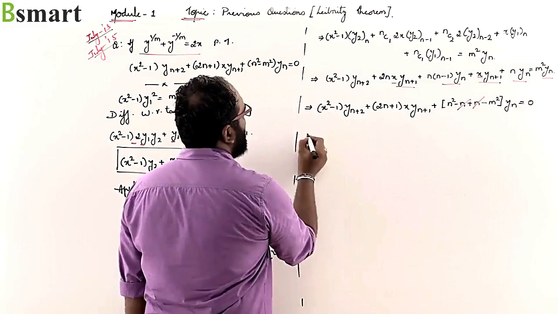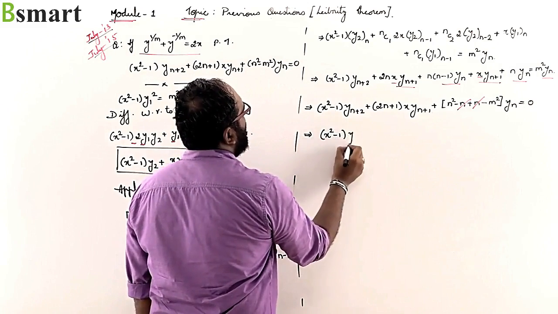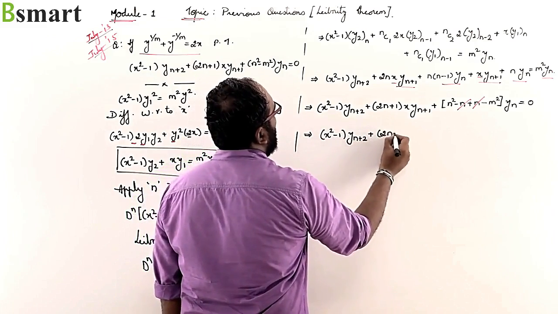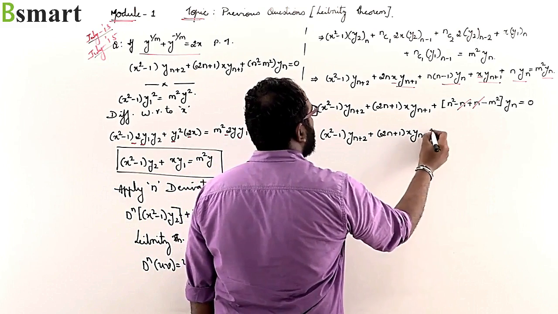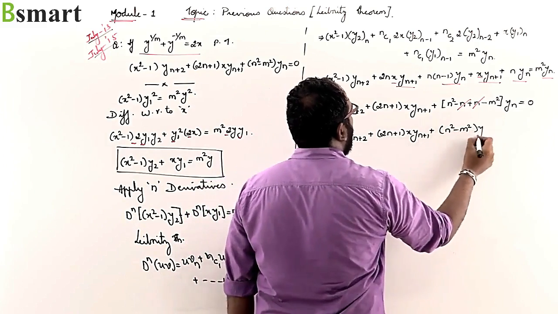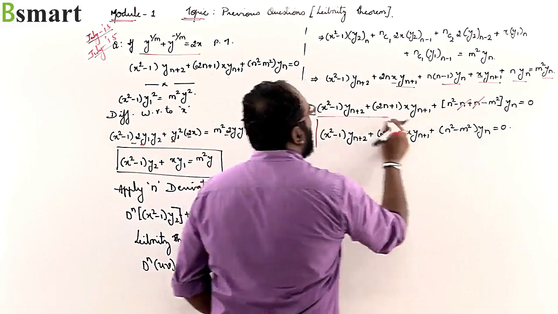That implies x square minus 1 into y n plus 2 plus 2n plus 1 into x into y n plus 1 plus n square minus m square into yn is equal to 0. So this is what he asked us to prove.